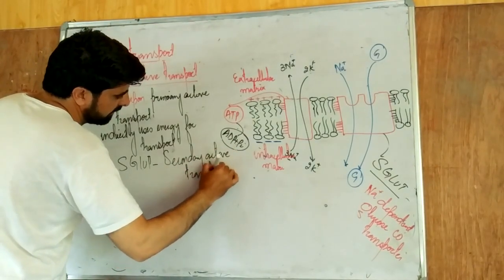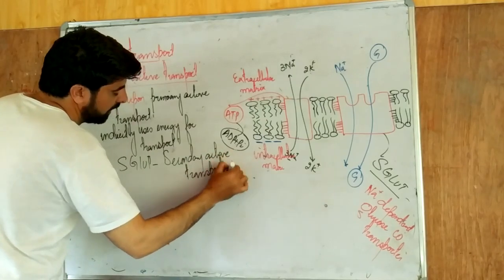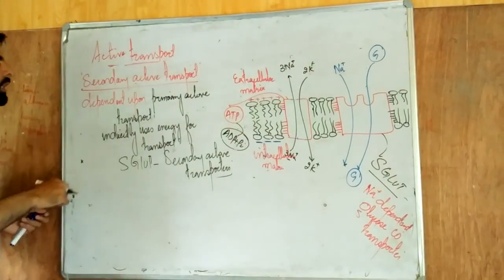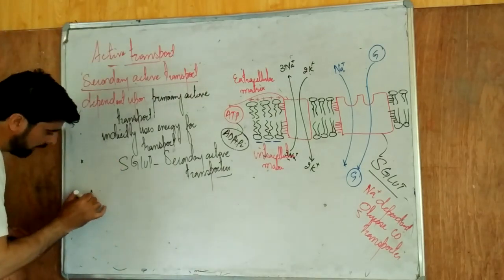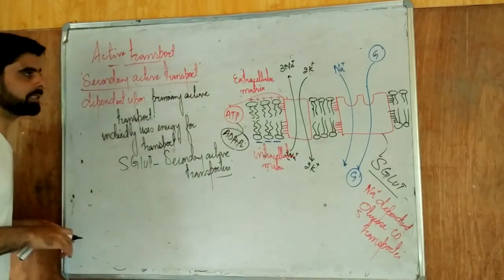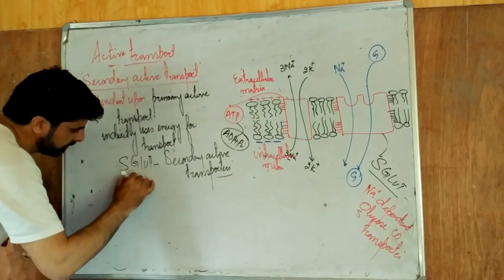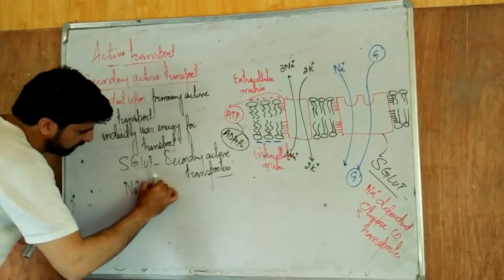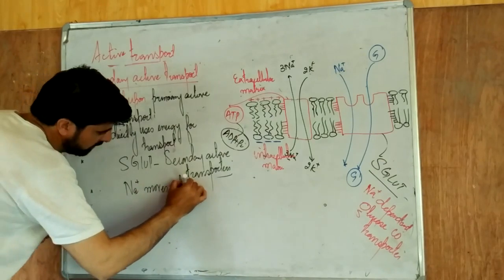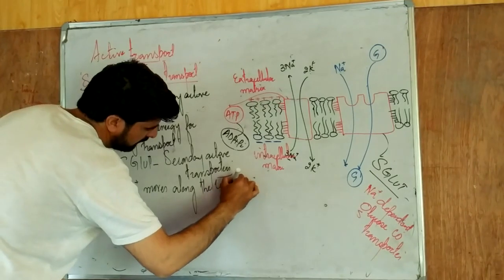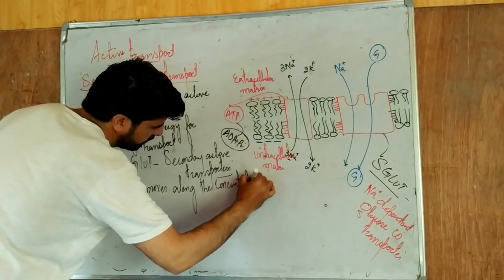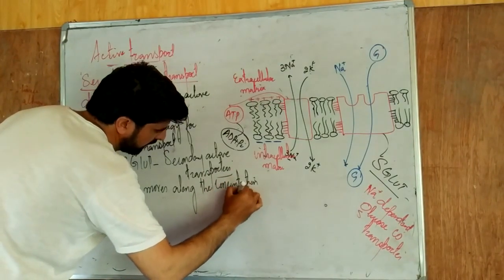That means it is dependent upon the primary active transport, or it is indirectly using the ATP. Here you have to keep in mind, in case of SGLT, the sodium moves along the concentration gradient.